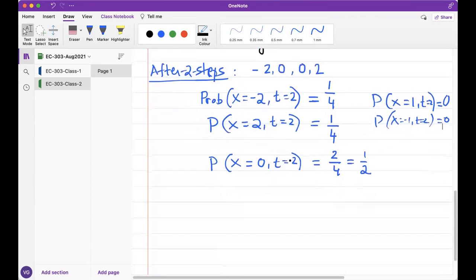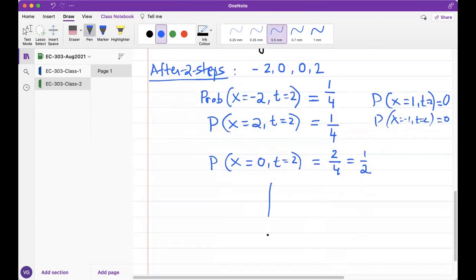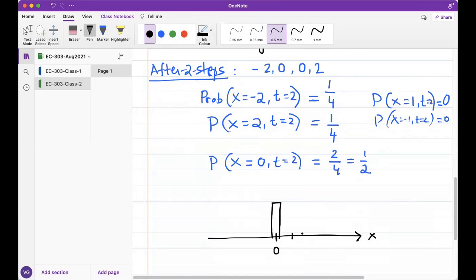We can represent this in the following way. Let us say the x-axis is x, and this is the origin where the animal starts. This is half, this is 1/4, this is 0 again, and this is 1/4.